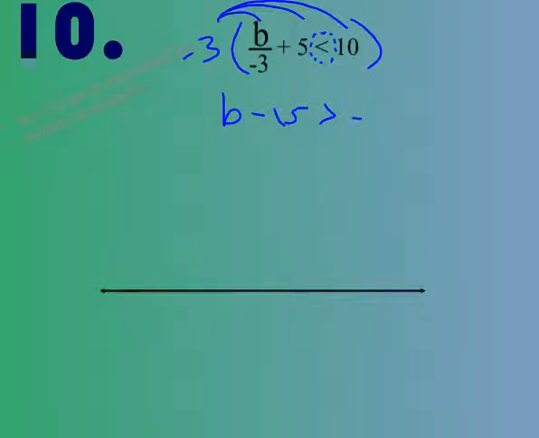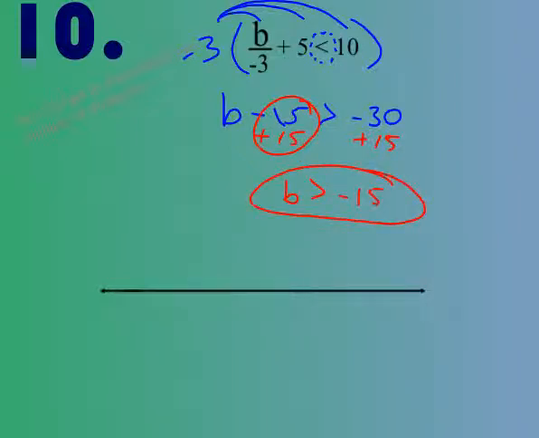Now, looking at this, I would add 15, and B is greater than negative 15. So, greater than negative 15, you probably want to put 0 here, since 0 is greater than negative 15. And that's what you're looking for every time you do that.